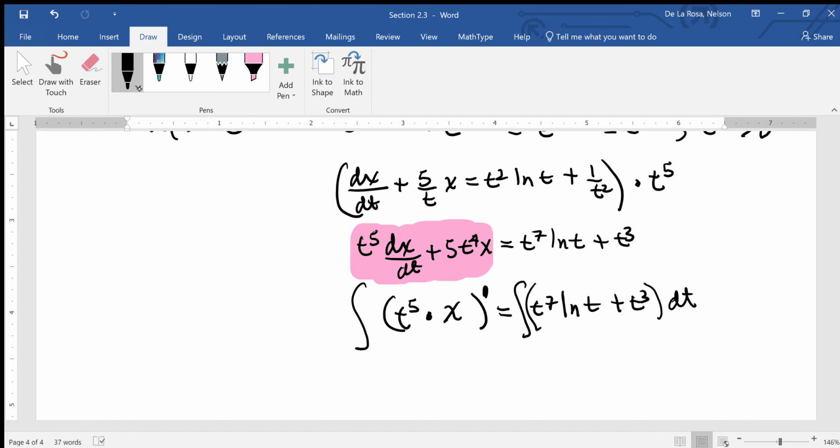We have t to the fifth times x. And how are we going to find the integral of the right? Well, we have the term t to the 7 times ln of t. So this integral can be found using integration by parts, the integral of t to the 7 ln of t dt.